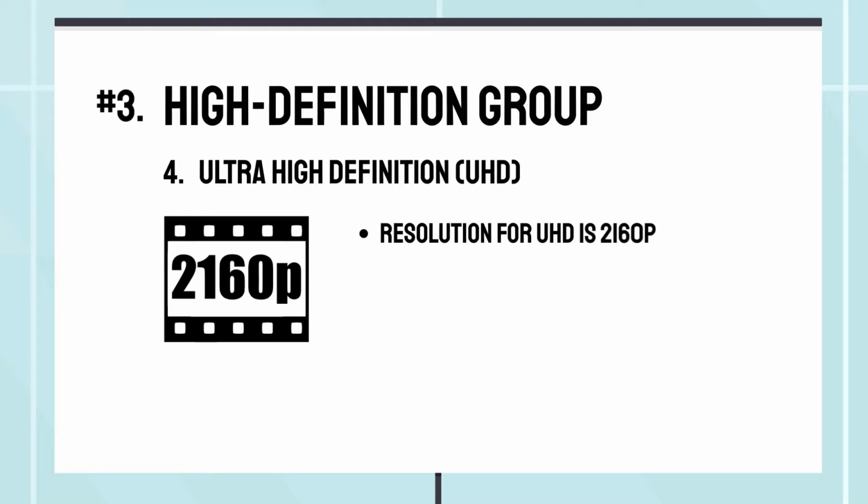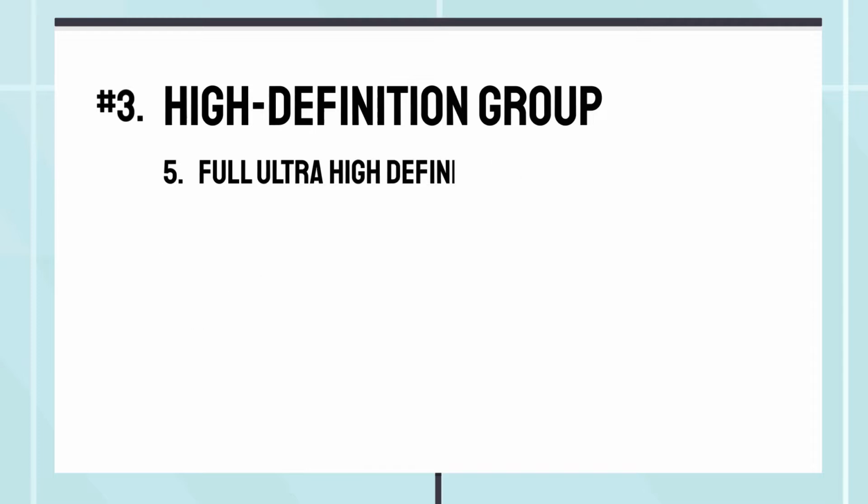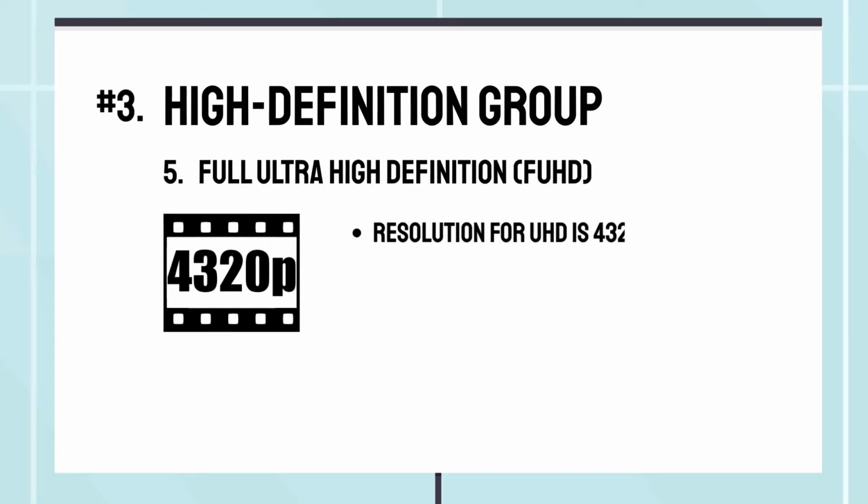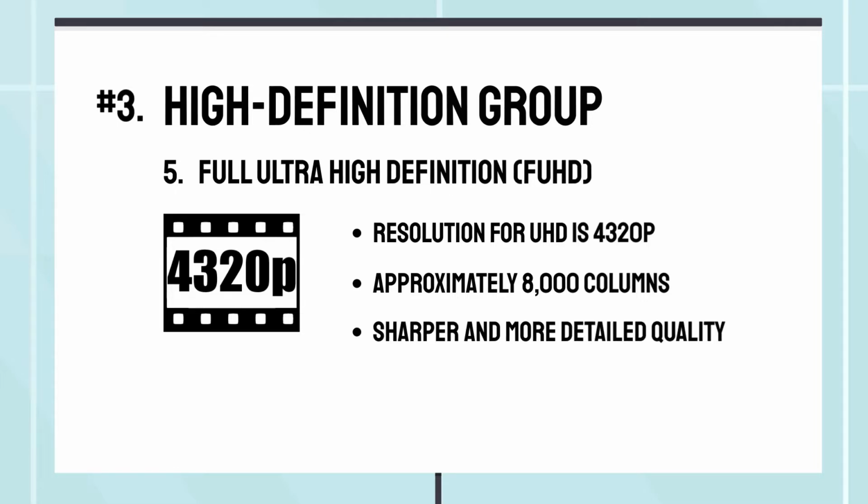With 3840 pixels horizontally, and 2160 vertically. It is 4 times the size of Full HD. Finally, Full Ultra HD, or 4320p. It has approximately 8,000 columns horizontally, or 7,680 pixels, and 4,320 vertically. It has sharper and more detailed quality.